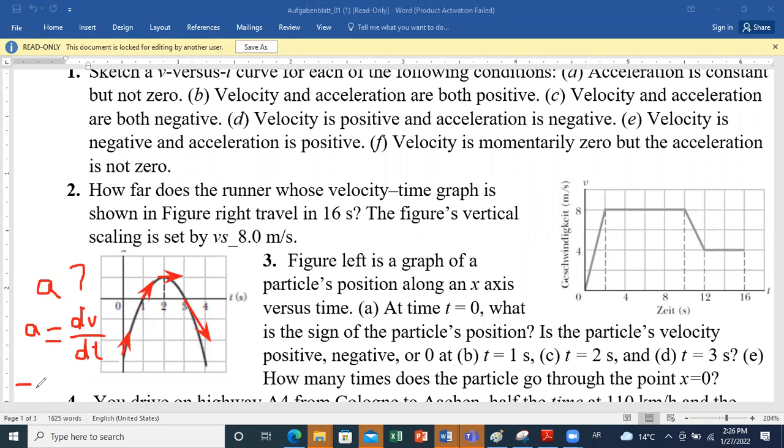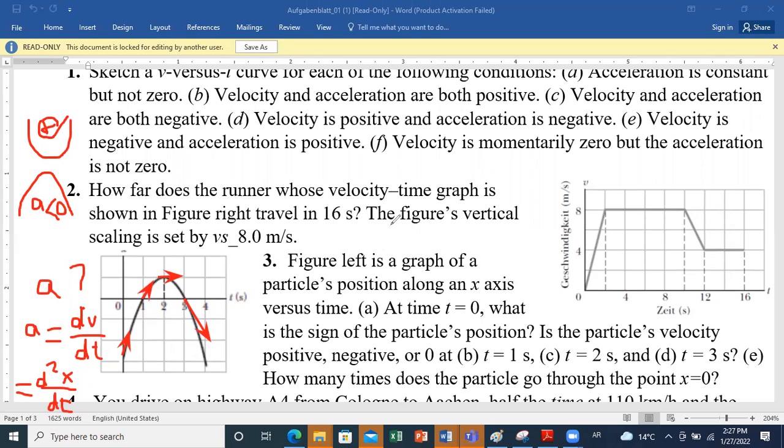So because A is the second derivative of x with respect to t, it represents the concavity of the graph. If the concavity is upward, A is positive, smiley face. If the concavity is downward, A will be negative. Here, I have downward concavity at all points.